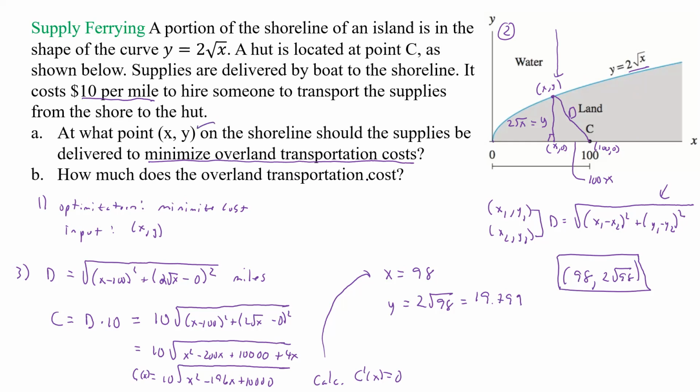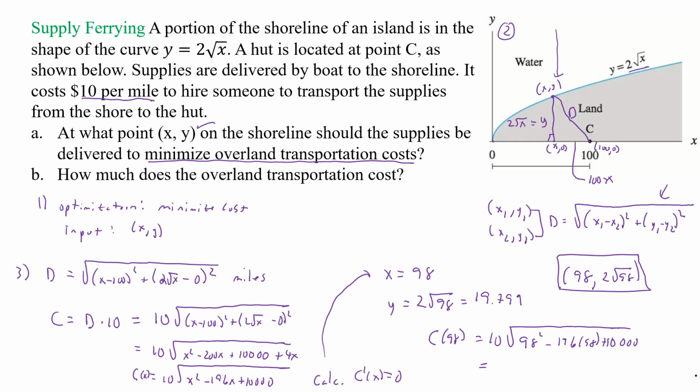Now, how much does overland transportation cost? Well, now what we have to do is plug in and multiply that all out. And so that's going to be C of 98. So we're plugging in the 98 here. So that's 10 times the square root of 98² minus 196 times 98, and then plus the 10000.